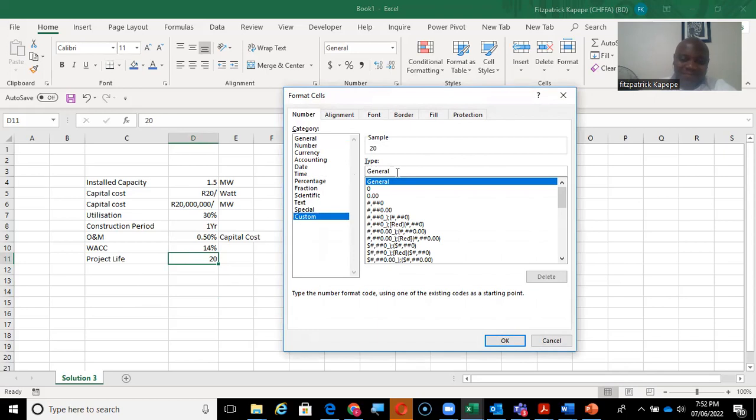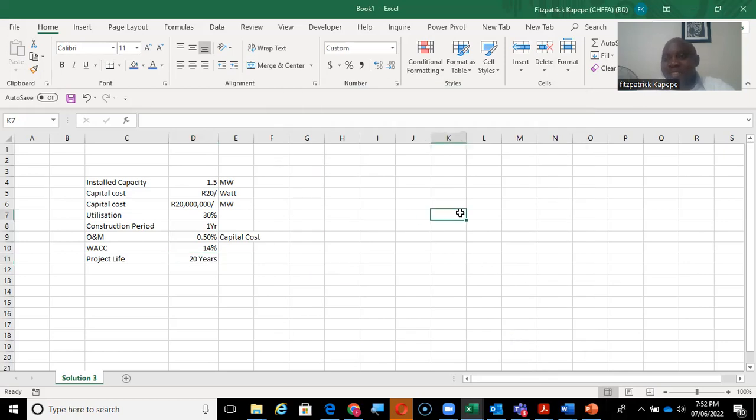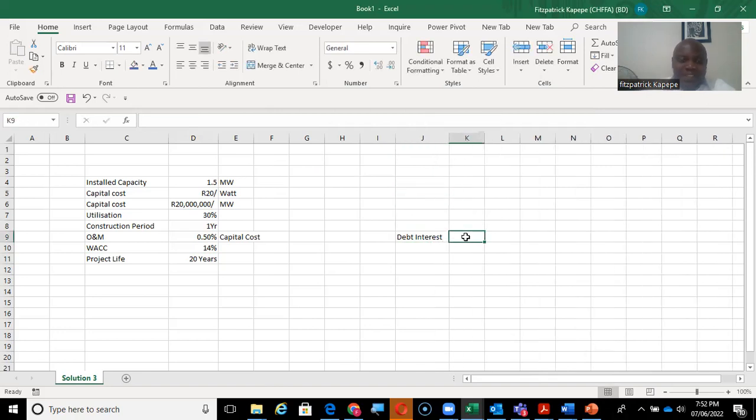Okay, let me do this. So the 14% of WACC, what it means. Let me give this example. You have debt interest of 5%.